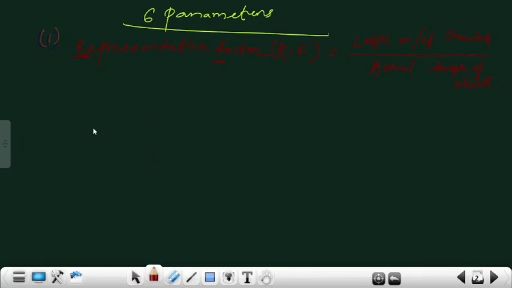Let us take the length of the house to be 15 feet, and the drawing sheet length to be, let's say, 3 feet.